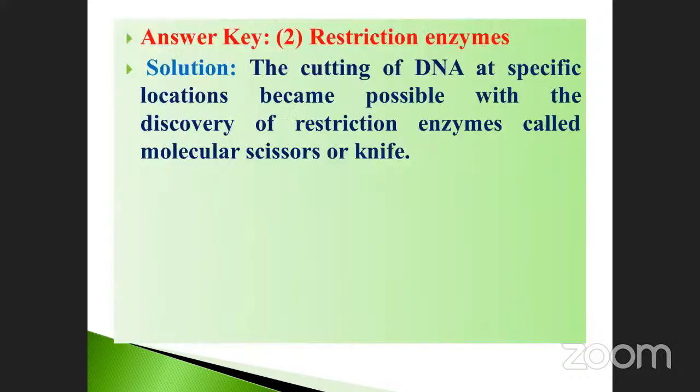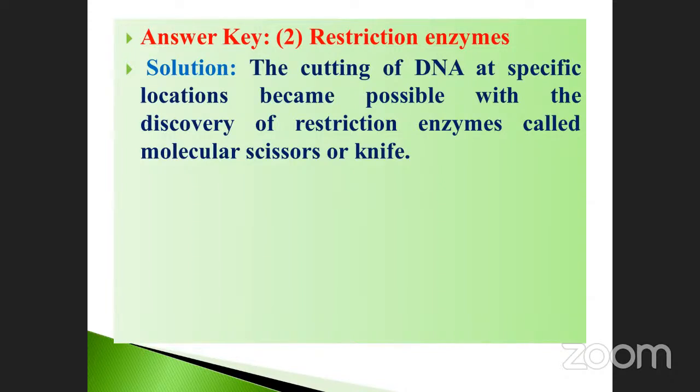See the solution. The answer is the restriction enzyme, because the restriction enzyme is essential for the cutting of DNA at a specific location. The specific location is called a palindrome. The cutting becomes possible with the discovery of restriction enzymes, called molecular scissors or molecular knife.